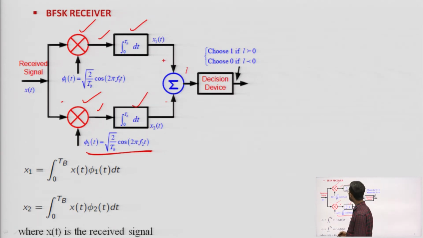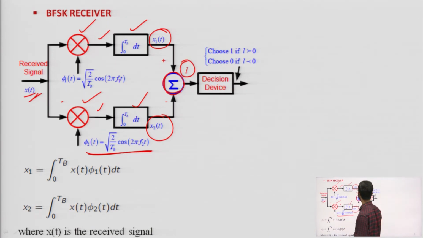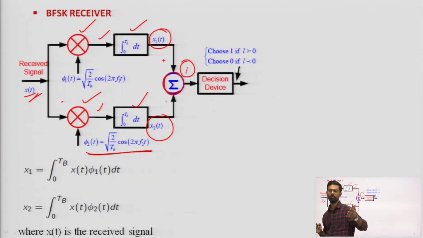After integrating, that x of t is composed of x1 t and x2 t, so here I will get only x1, and here I will get only x2, and I will add these signals at the adder, and I will get the main output as L. After getting L, whether I am getting 0 or 1 depends on the decision device.